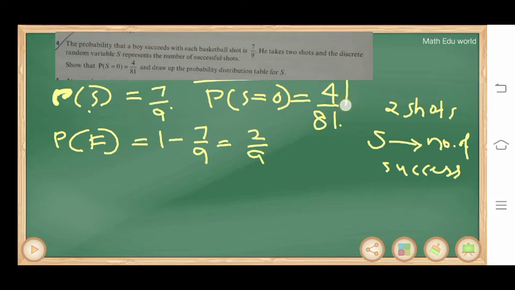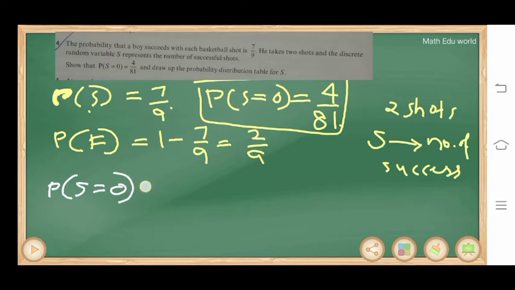Now when you look at our question, we have to show that probability of S equal to 0 is equal to 4 divided by 81. Probability of S equal to 0 represents no successful shots.